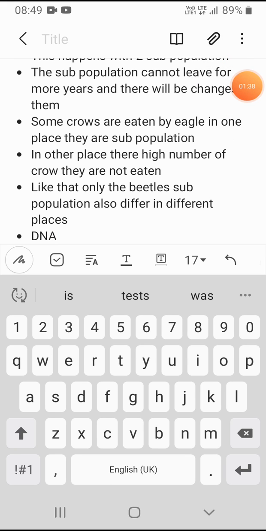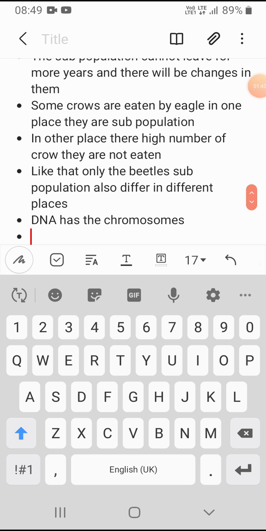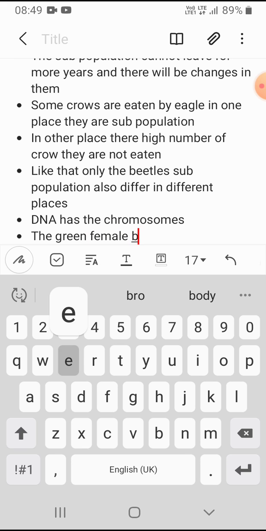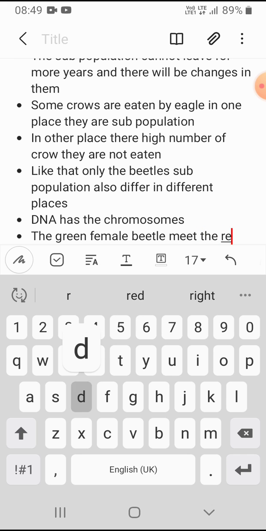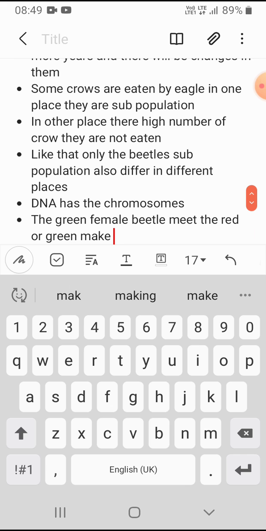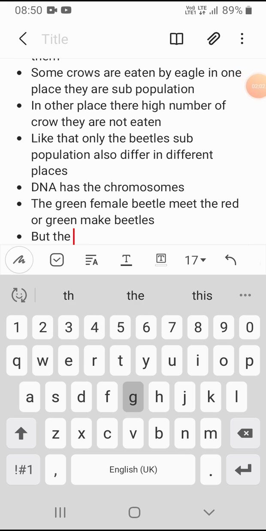DNA has the chromosomes, I said. Think when the female beetle meets the red or green male beetle, the green female beetle will meet only the green male beetle.